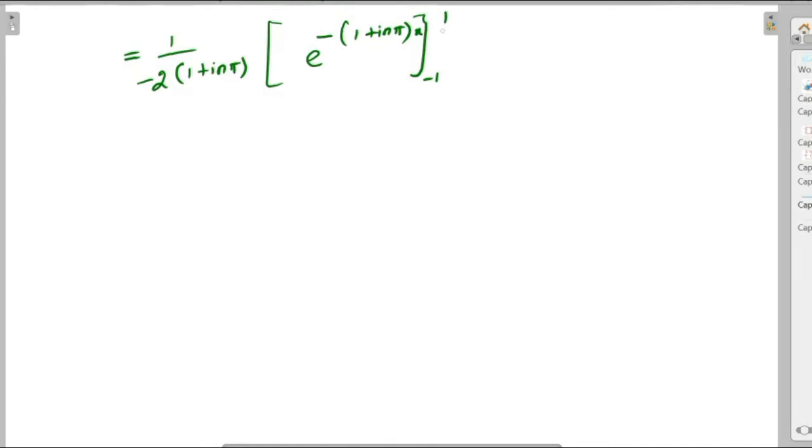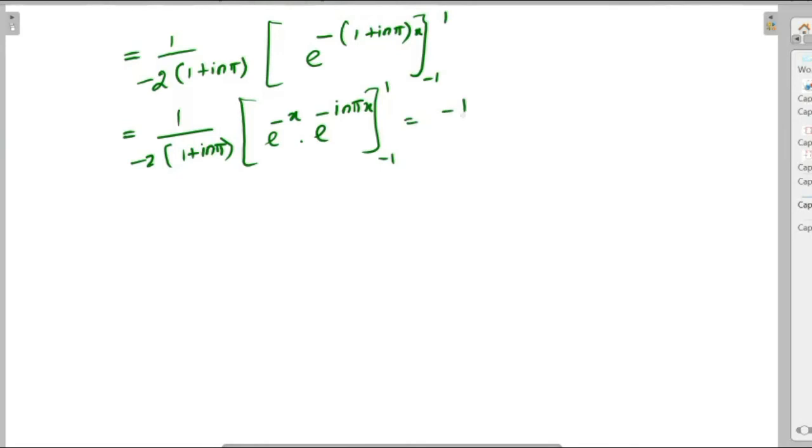Now I'm going to substitute the values. 1 by 2 into minus 1 by 1 plus i n pi, into, I'm going to split the term e power minus x into e power minus i n pi x, which is equal to minus 1 by 2 into 1 plus i n pi into, if you apply x equal to 1, you get e power minus 1 into e power minus i n pi.